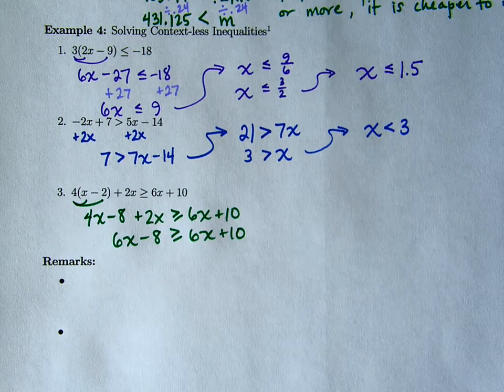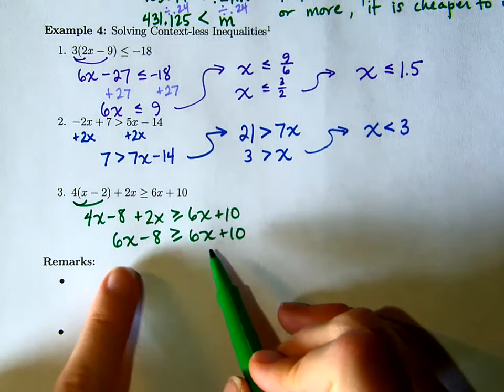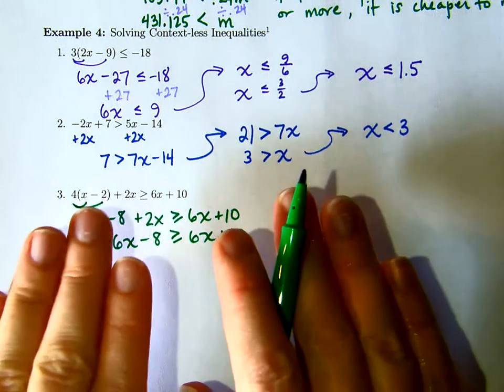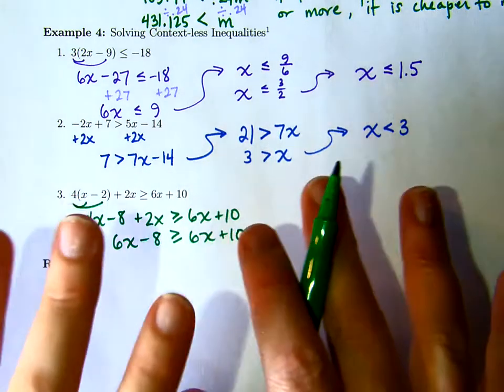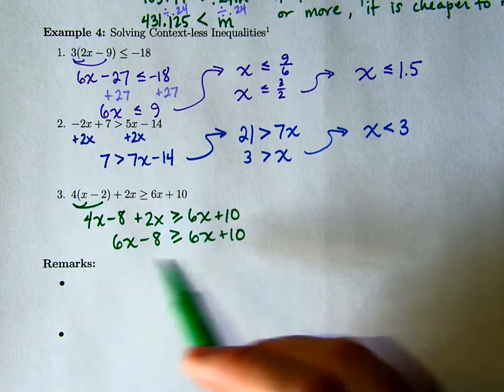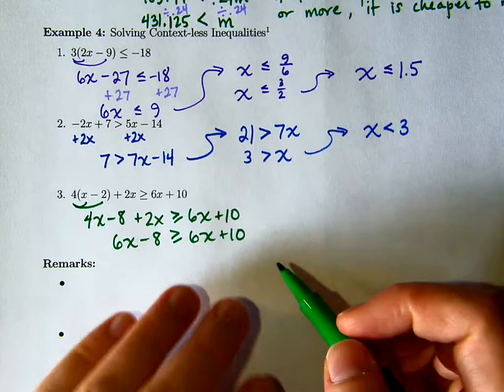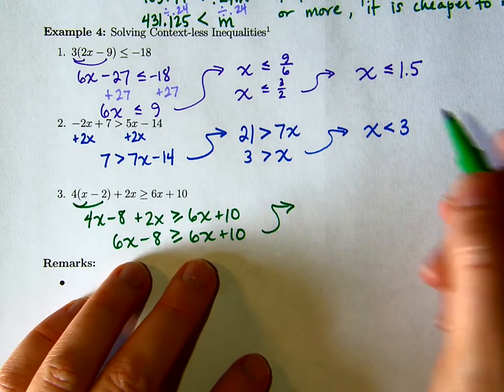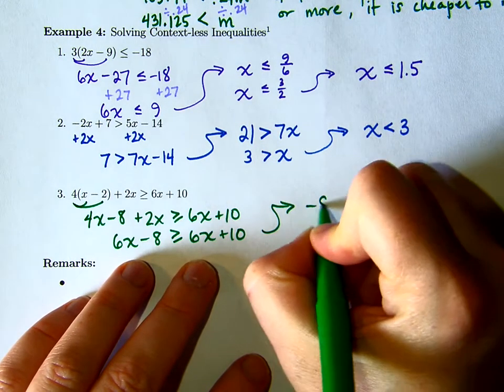Oh, here we go. So now there are 6 x's on both sides, so there's a balance of however many x's are on each side of this equation. And so I'm going to deduct 6x from both sides. And that does not reverse the inequality because it's subtraction.